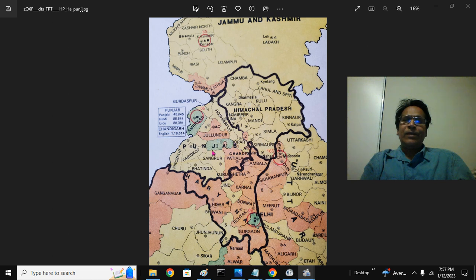That gave the Punjabi speaking Punjabi Suba, that is Punjab simply; the Hindi Haryanvi speaking south of Ghaggar, Haryana; and the Pahadi speaking eastern region, east of the Sivaliks, Himachal Pradesh. That is Himachali Punjab, Punjabi Punjab and Haryanvi Punjab.